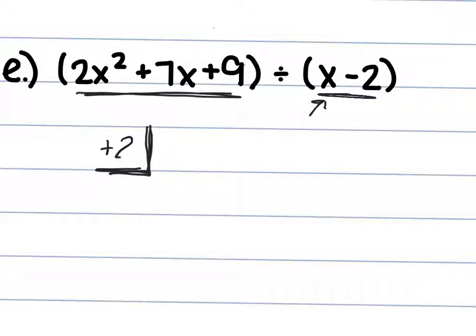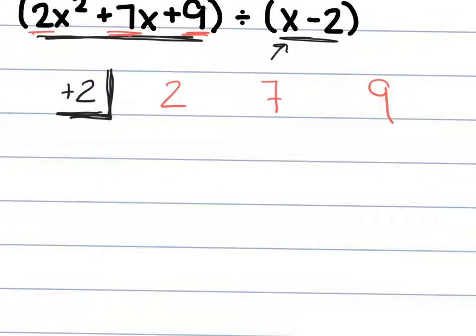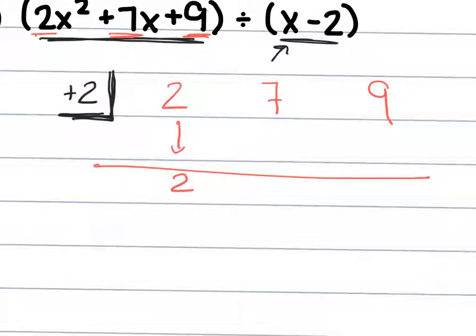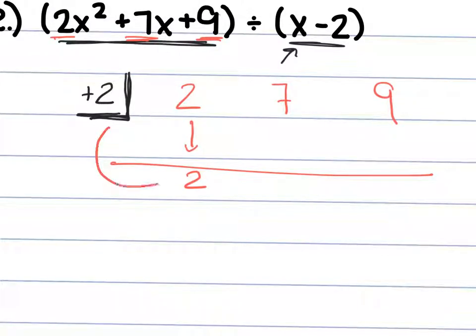A positive 2 over here. And then next to it, you're going to have 2 plus 7 and 9. And then you're going to bring the 2 down. And 2 times 2, which is 4. And then the 11, right?